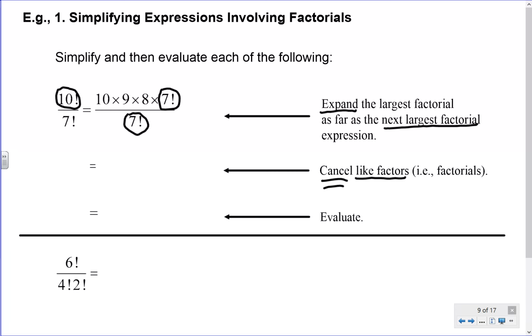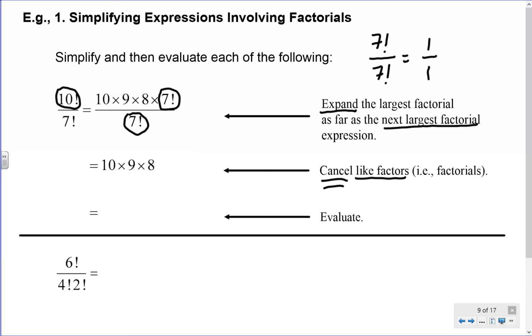So this is what it would look like following a cancellation. So we'd have 10 by 9 by 8. Recall that to cancel is a fancy word for division, or dividing out like factors. So for instance, 7 factorial divided by itself is equal to 1. That is, anything divided by itself is equal to 1. That reduces to 1 over 1.